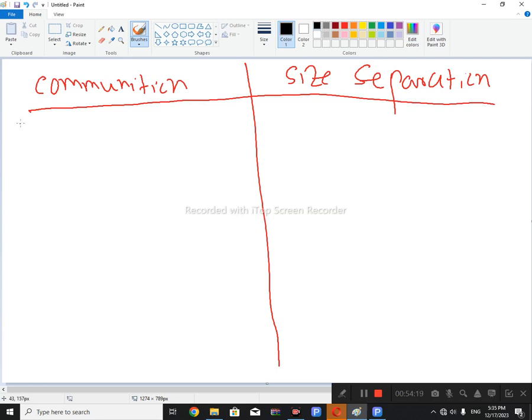Combination methods: chemical, mechanical, and physical method.